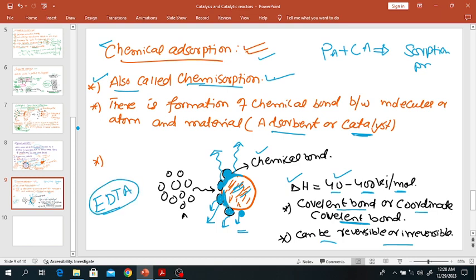With the help of EDTA, we can remove and detach these molecules from the surface, and such type of process is called desorption. So here the desorption is not easy in this chemical adsorption process. So this was all about how physical adsorption and chemical adsorption work.